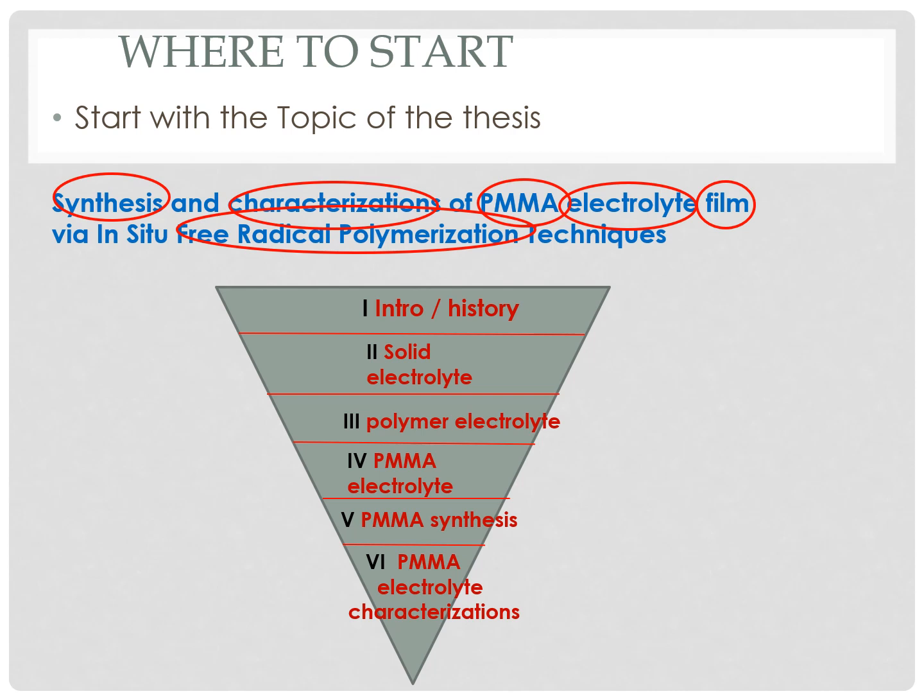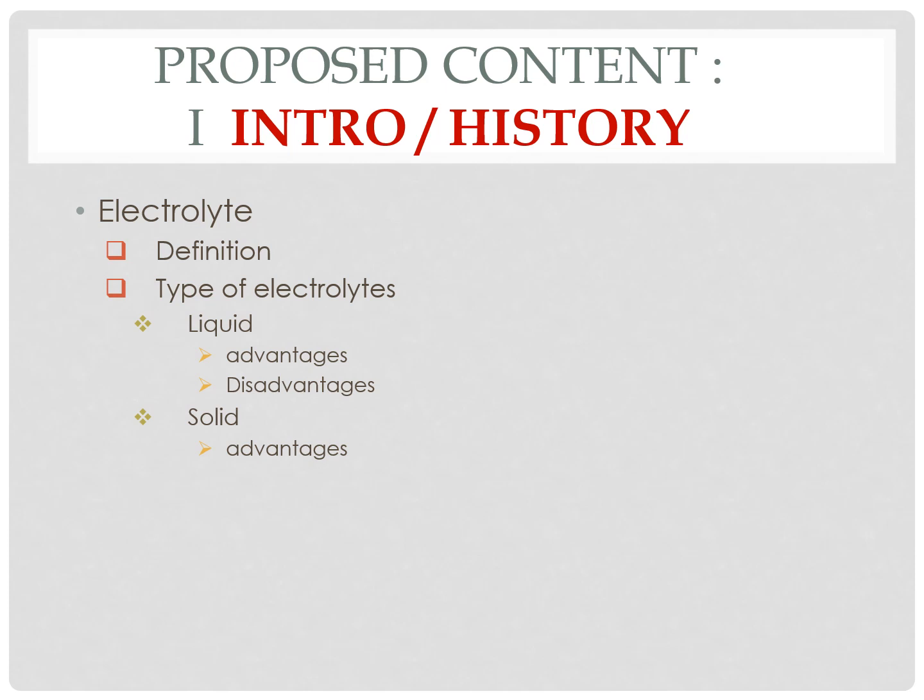So, I can start my literature review with history of the research, how it starts, the types or the classification of the subject matter, and their advantages and or disadvantages.